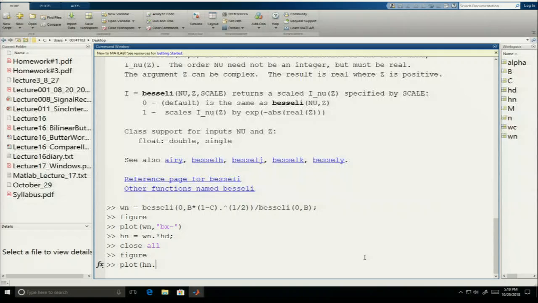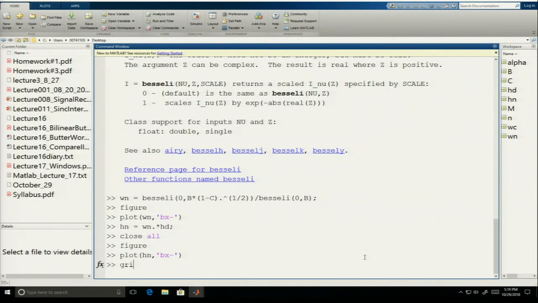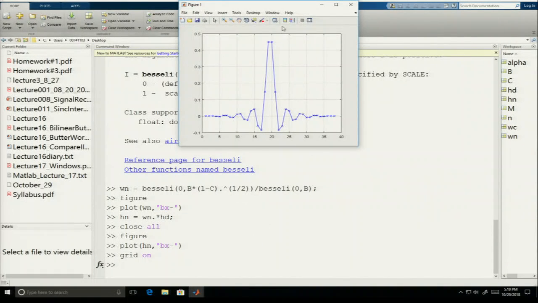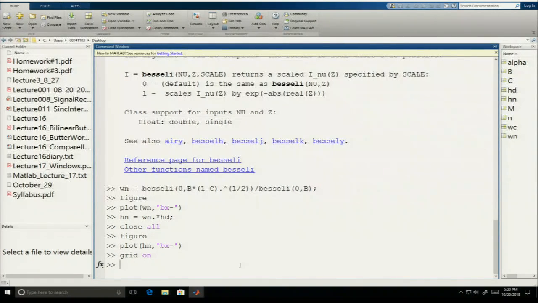Make sure that element by element multiplication didn't go awry. It looks very similar to the other thing that we had before, except now, notice how on the edges here it's been attenuated. Why? Because we multiplied it with the window. So, of course, that's what you'd expect. We weighted these edges with the small value from the window function, so it smashed them down. So everything is okay so far.